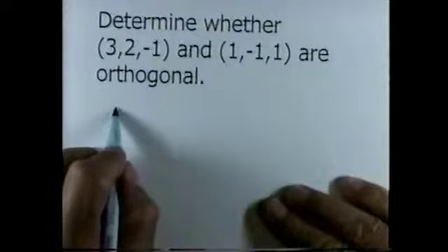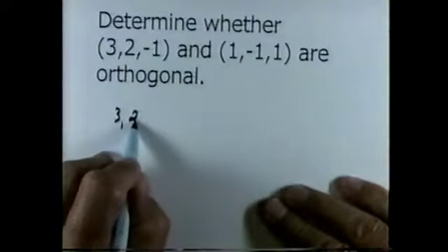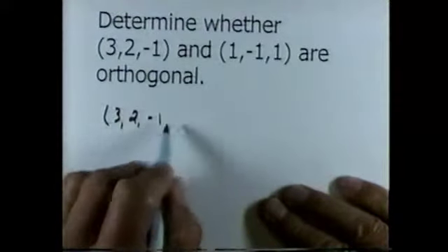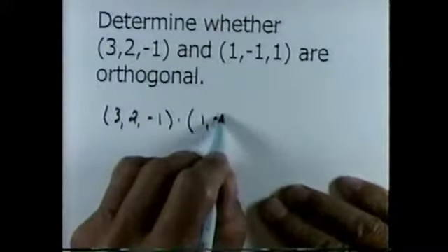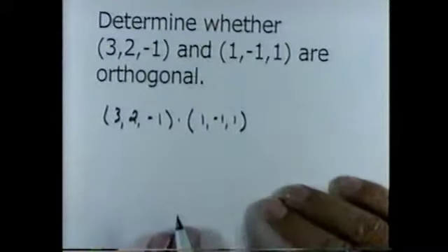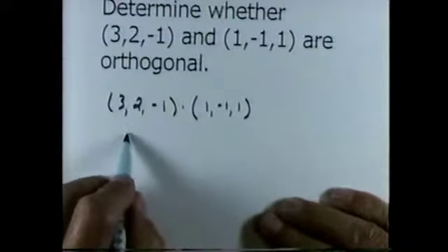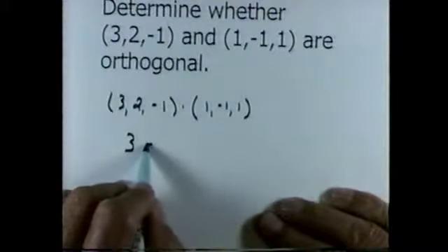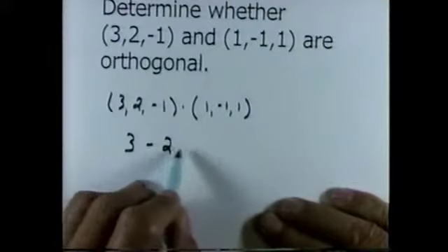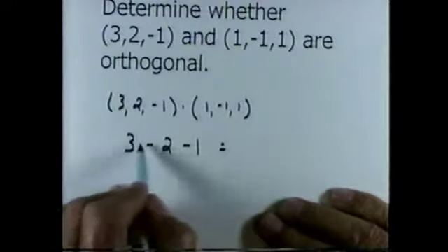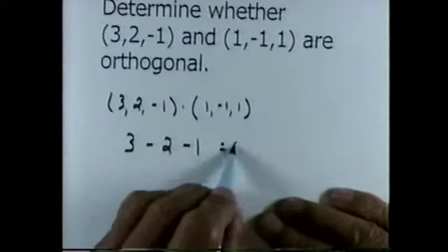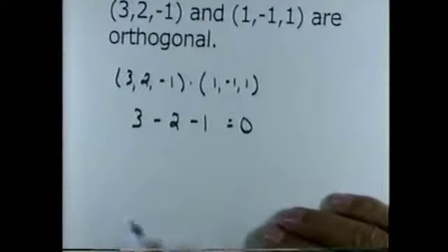So we'll do the dot product. 3, 2, negative 1, dot, 1, negative 1, 1, which would be 3 minus 2 minus 1, which is 3 minus 2 is 1, 1 minus 1 is 0.